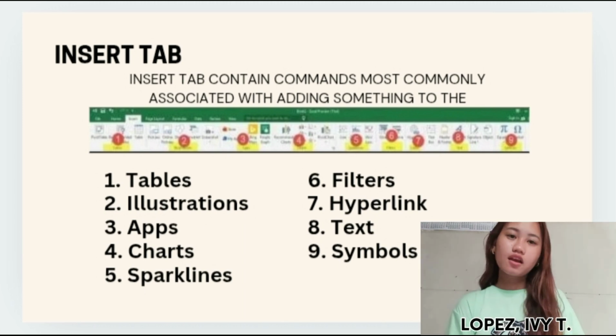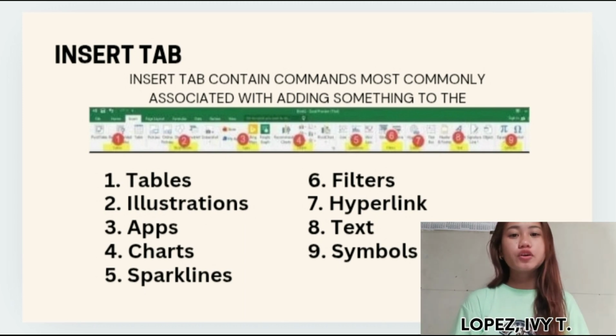Number 2 is Illustrations. This group provides a way to insert pictures, shapes, or artwork into Excel. You can insert the pictures either directly from the computer, or you can also use the online picture option to search for relevant pictures.